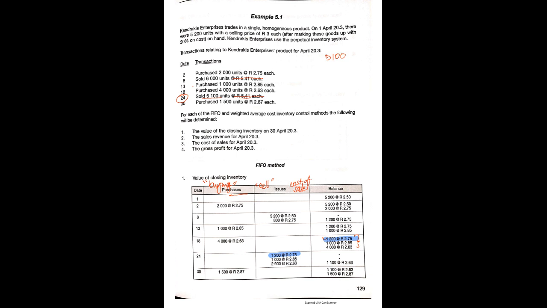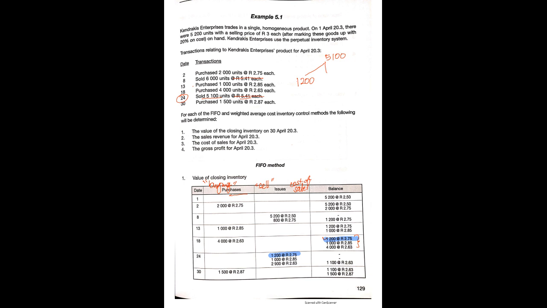So now we're going to do again what I had shown you earlier. You're going to say to make up the 5,100, we've taken care of 1,200 items. Now the next one is from the 5,100. We only have managed to cover 1,200. We still are outstanding 3,900 units.